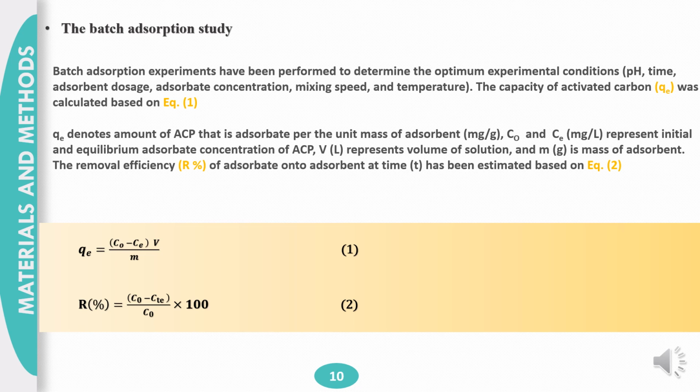C0 and Ce, in milligrams per liter, represent the initial and equilibrium adsorbate concentration of acetaminophen. V represents the volume of solution and M is the mass of adsorbent. The removal efficiency R percent of adsorbate onto adsorbent at time t has been estimated based on equation 2.